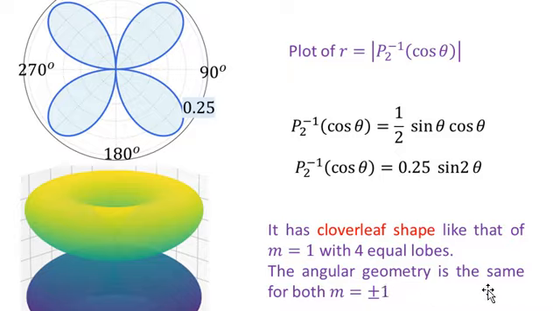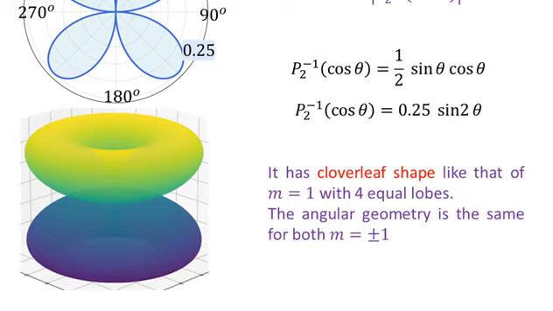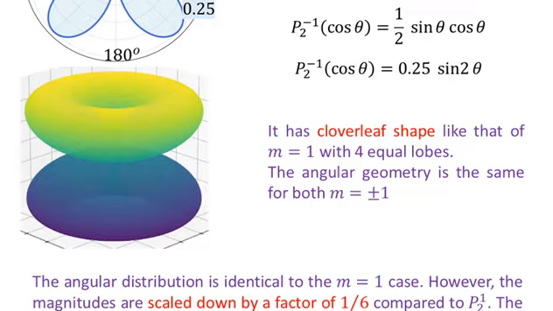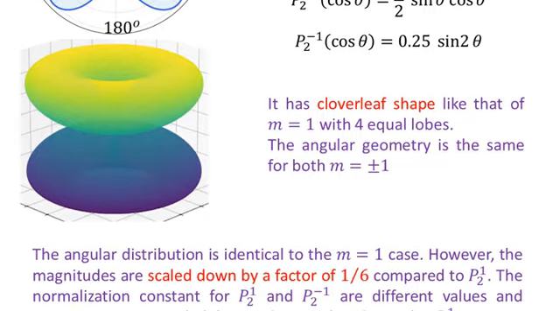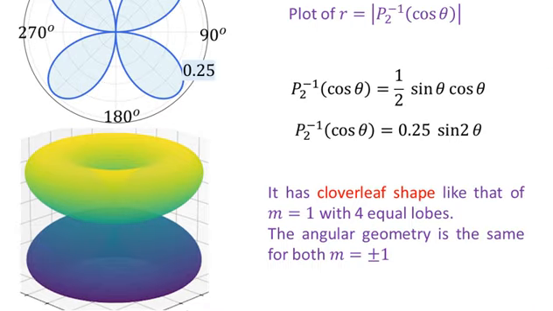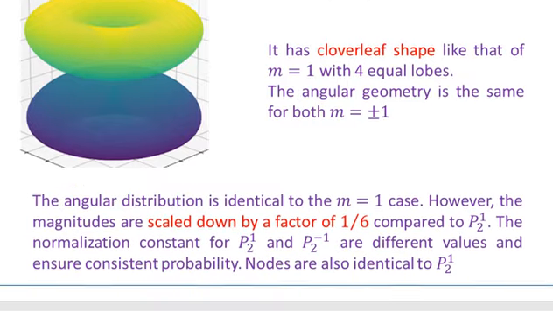Again, the angular geometry is the same for both m is equal to plus 1 and m is equal to minus 1. The m is equal to plus 1 case has been discussed in much greater detail. But the only difference is that the magnitude in this case is only 0.25, which is 1/6 times the magnitude discussed in the previous case.